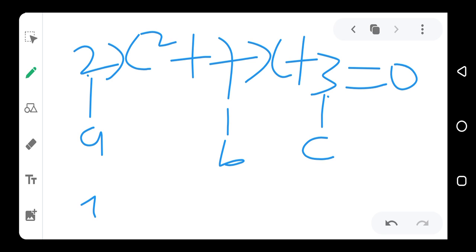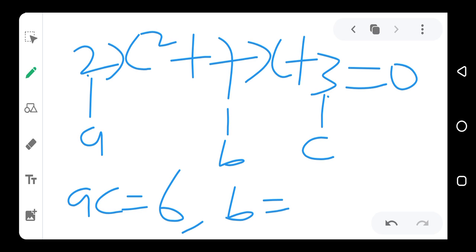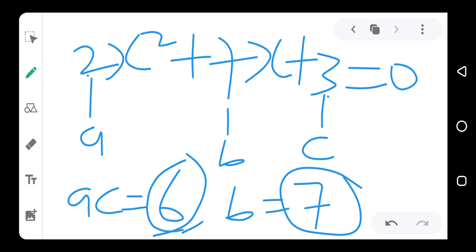So ac gives us 6, and b is equal to 7. Then the next step is, what numbers can we multiply to give us 6, and when we add them, it will give us 7?